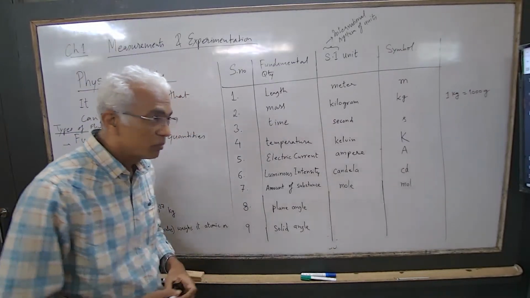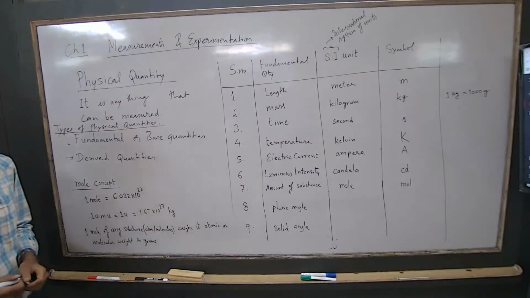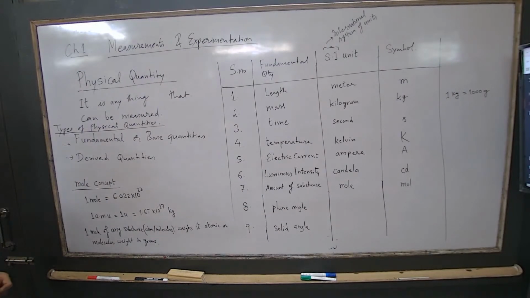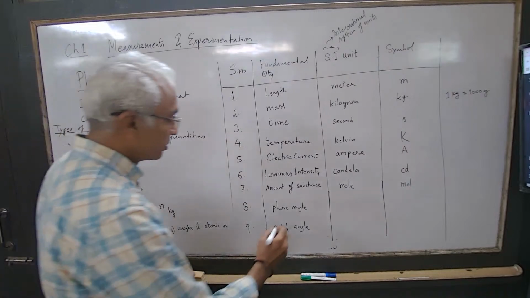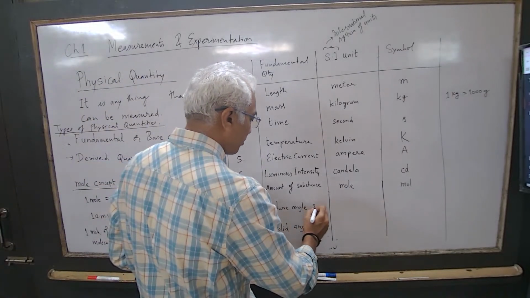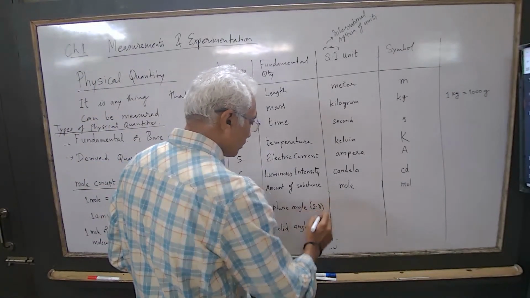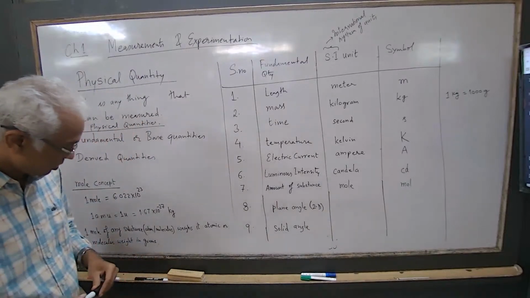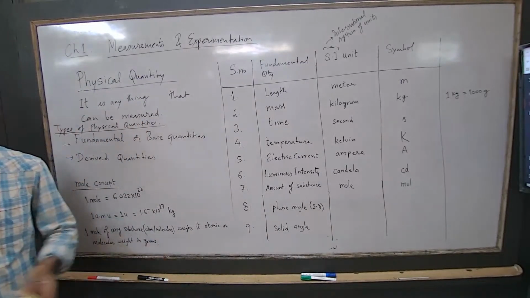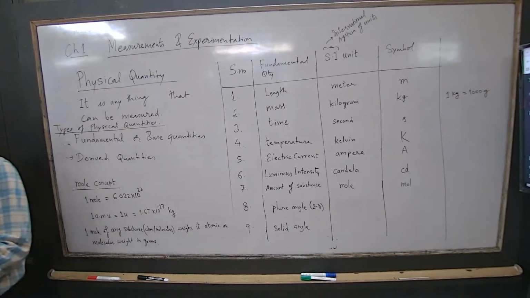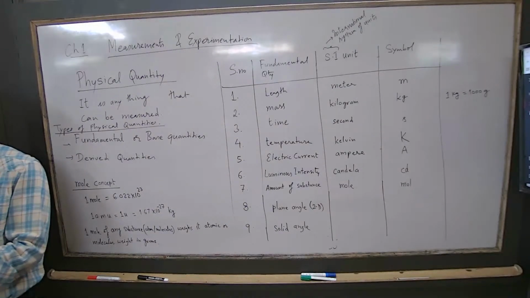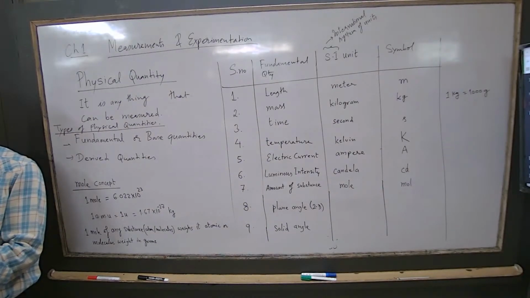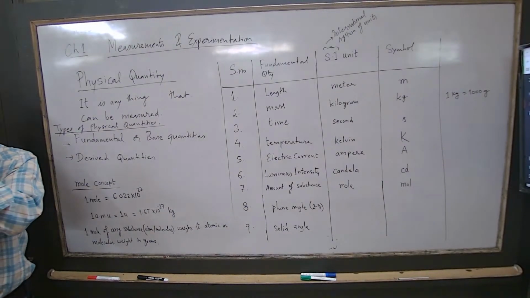Now next is plane angle. So what is an angle? Plane angle is angle in 2 dimensions. So let us say this is a line, this is another line, right? So this is the angle in 2 dimensions.